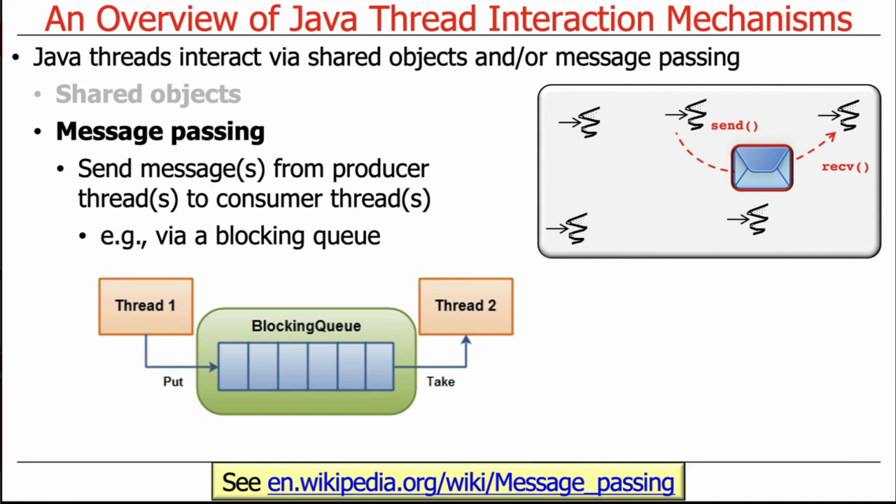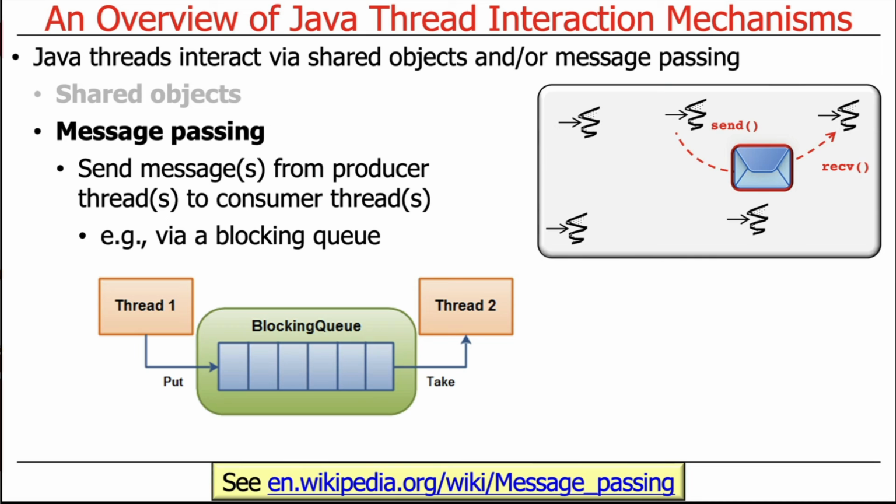The other form of interaction in a concurrent model is message passing, where you have one or more producer threads sending messages to one or more consumer threads, typically using some kind of blocking queue. They put the data into a blocking queue. All a blocking queue means is that if the queue is full, then threads that are trying to produce data have to block and wait till there's some room in the queue.